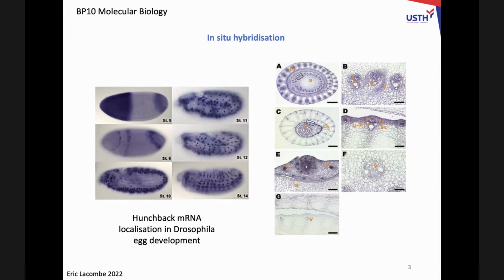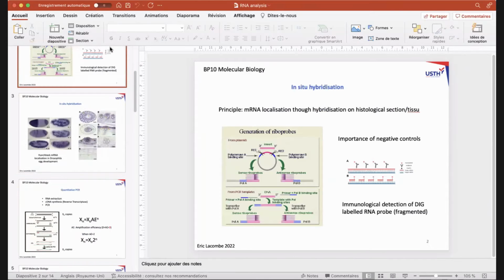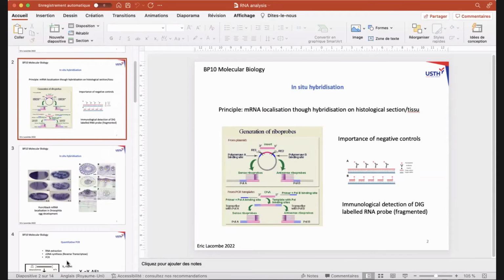You understand the process? All the signals in all the pictures that you see now correspond to the cells that are over-accumulating the RNA corresponding to the probe. Is it fine or not? Did you understand the idea of this technique?